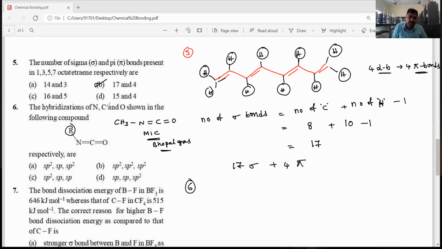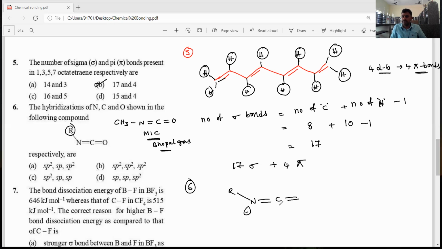So we need to identify the carbon, nitrogen, and oxygen hybridization. If you observe the given structure, this alkyl group is not asked. Nitrogen has a total of 5 electrons in the valence shell. Out of 5, 3 are involved in bonding, and 1 lone pair is present. And the central carbon has 2 double bonds.